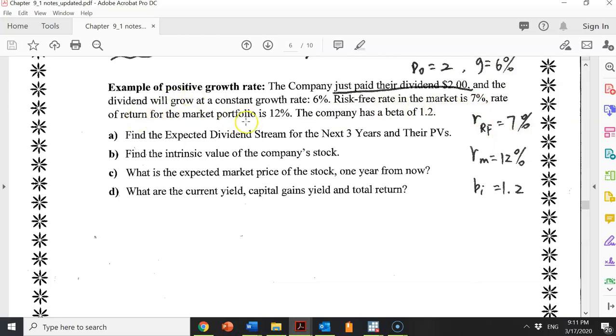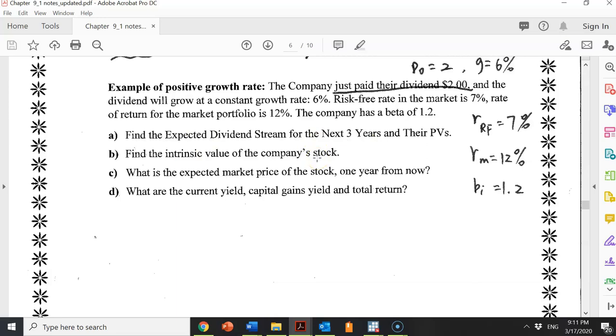The rate of return for the market portfolio is 12%, RM 12%. The company has a beta of 1.2. Find the expected dividend stream for the next 3 years and PVs. We know D0, and we can just multiply by 1 plus G to the power of T for the next 3 years. Then the intrinsic value of the stock.